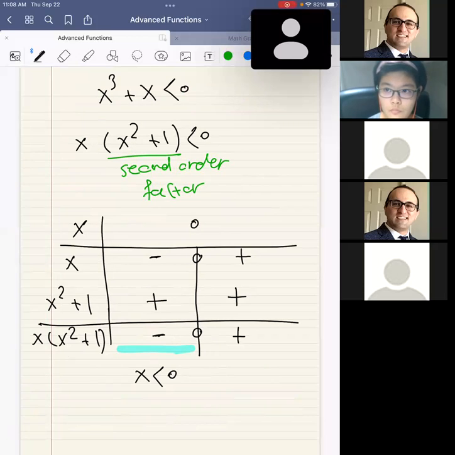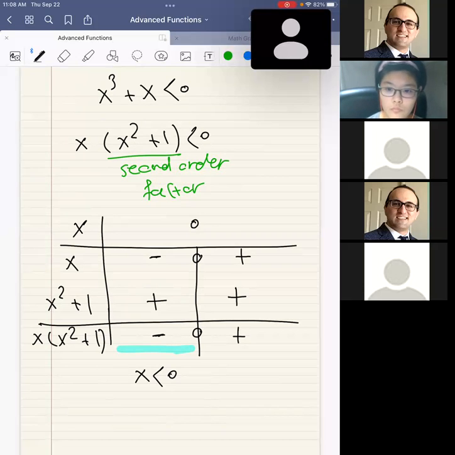But here, x squared plus 1 doesn't have any root, so you cannot factorize it further into first order terms. So we just leave it there, because it doesn't have any roots.